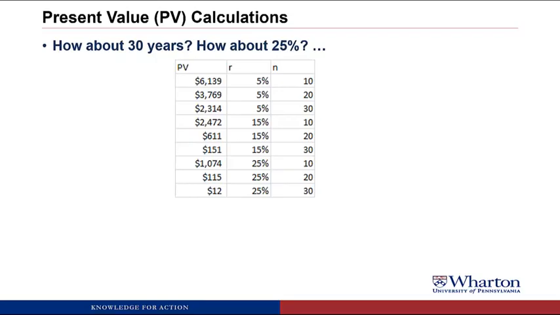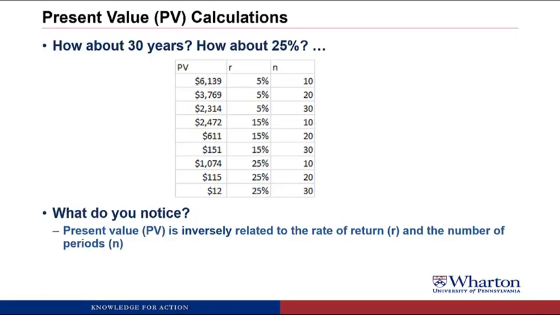And then for a given number of years, like if you look at all of the 30-year rows, as we go from 5 to 15 to 25%, the present value gets smaller. So the present value is inversely related to the rate of return and the number of periods, which means as R or N goes up, present value comes down, or as R or N go down, present value goes up.